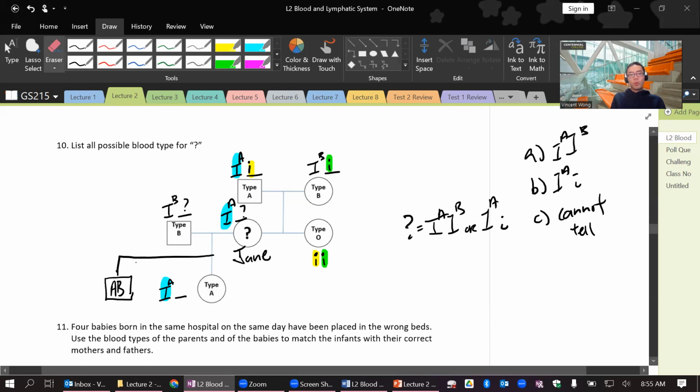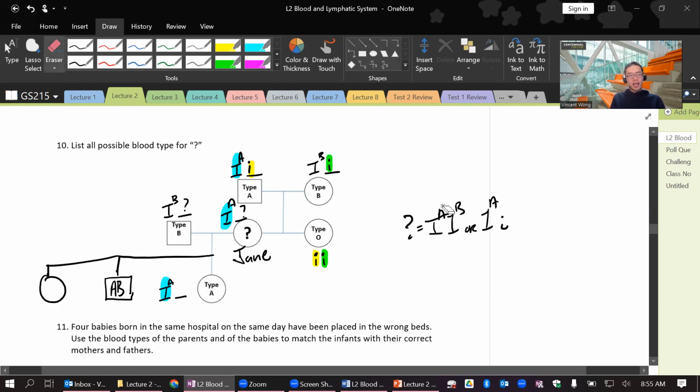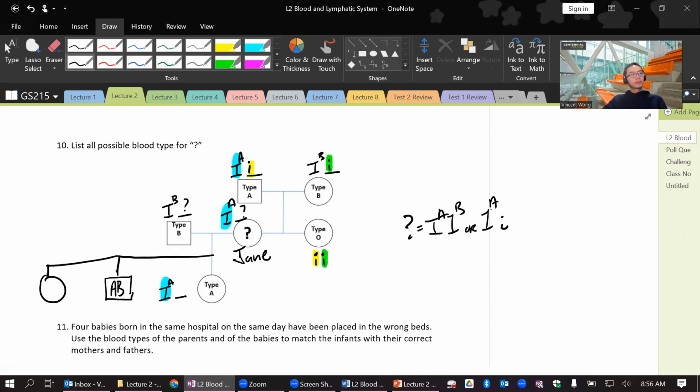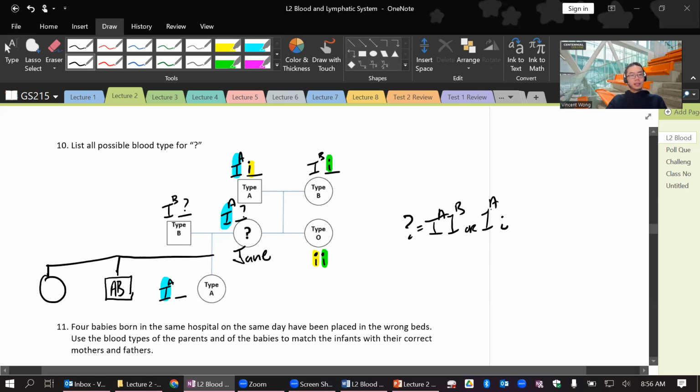Okay, then what kind of kid do they need to have in order for us to be able to definitively say whether it is one or the other? What child with a certain blood type will help us decide whether she's IAIB or IA i? Anybody want to try? Oh, AB small i. Okay, so I hear a couple answers here.